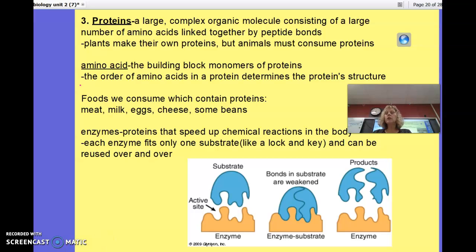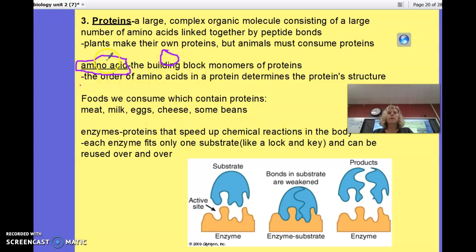We said that each of the four biological molecules has a monomer. And for proteins, that monomer is these amino acids. So again, I always think of the monomer as like one single little bead by itself, one single little structure.